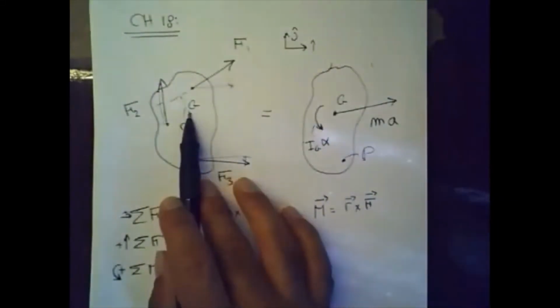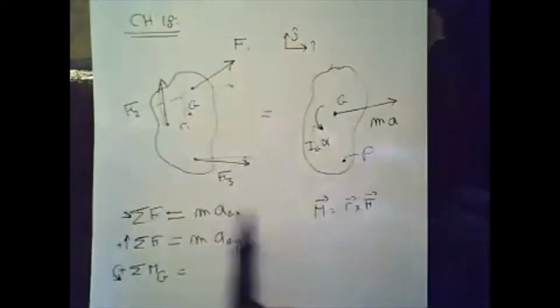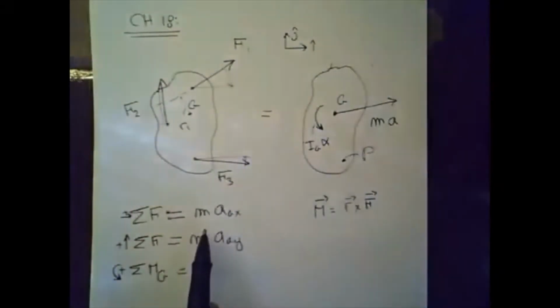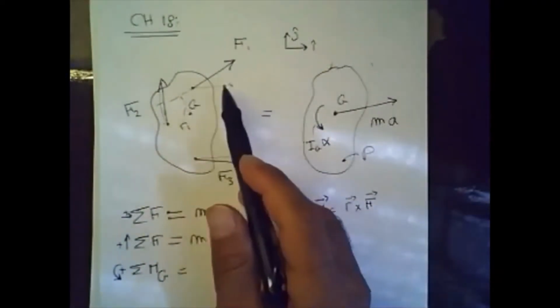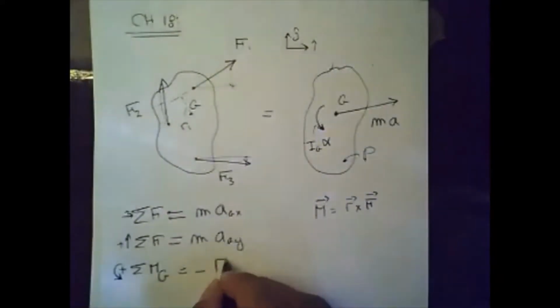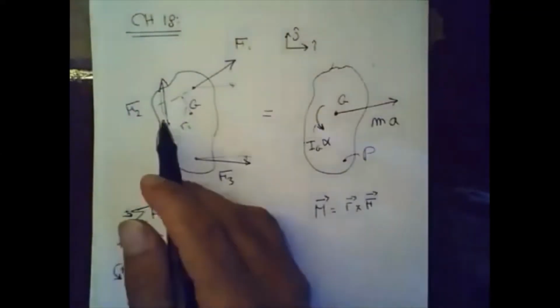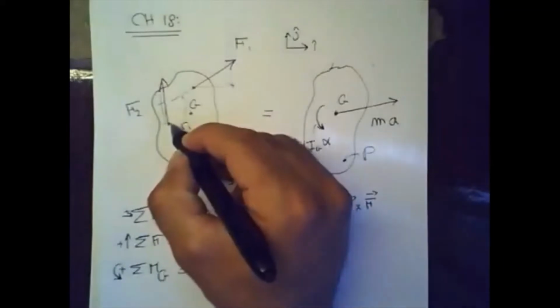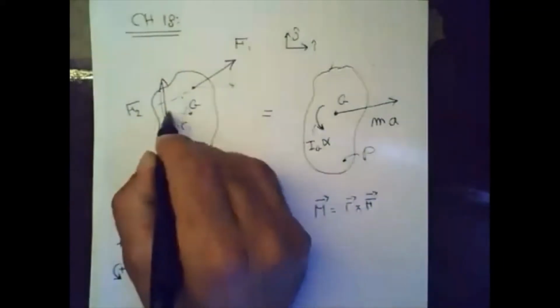G is my axis, so I'm summing the moment of these forces about this axis, perpendicular to the motion of the rigid body. Counterclockwise is positive, and F1 is producing the opposite motion to what I'm assuming. So the moment of the first force is minus F1 multiplied by R1. Then the second force, F2, is this one, so you take that perpendicular distance.